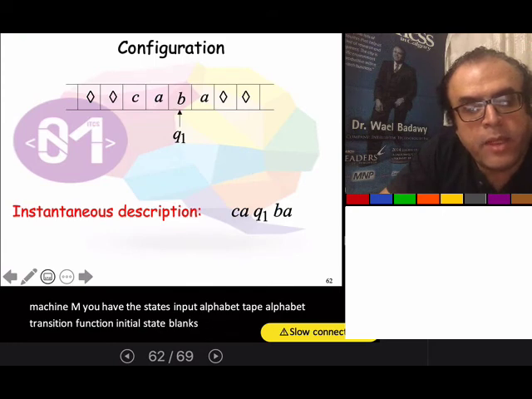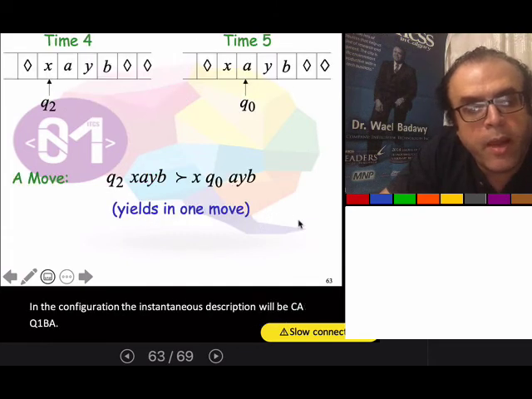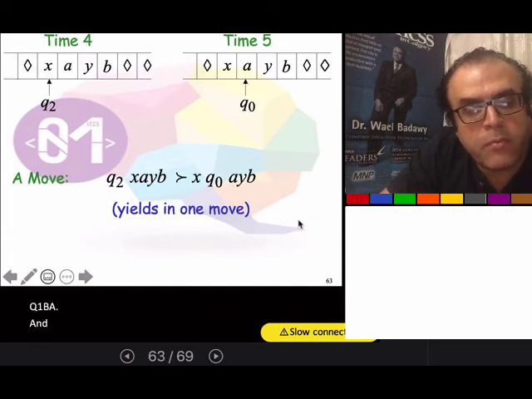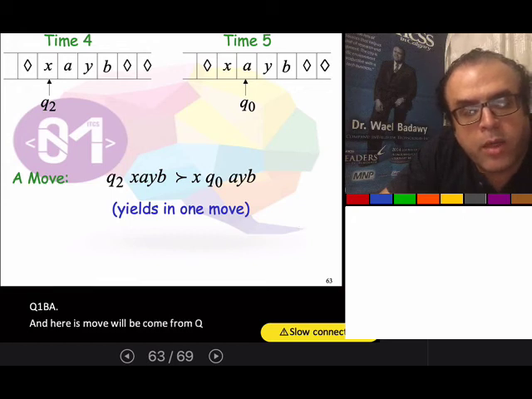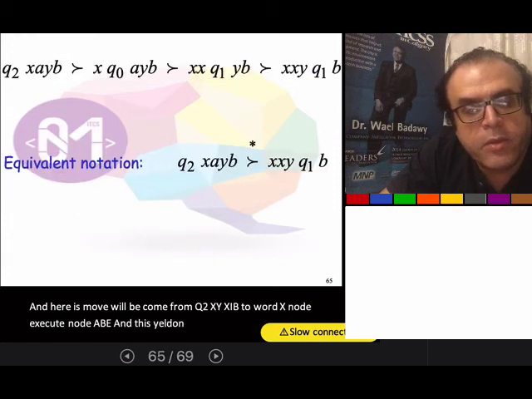In the configuration, the instantaneous description will be C A Q1 B A, and the move will become from x q node a y b to x a q node y b, and this yields in one move, and then you do the computations.